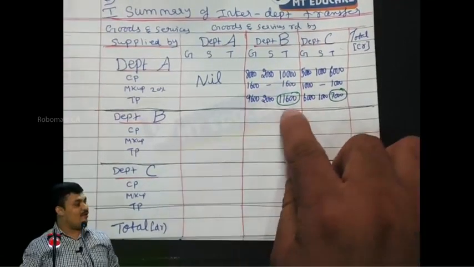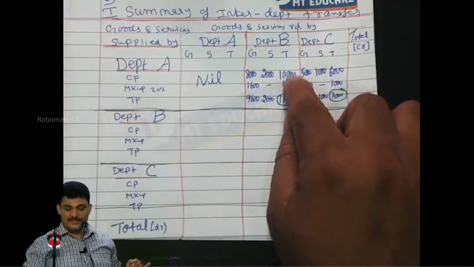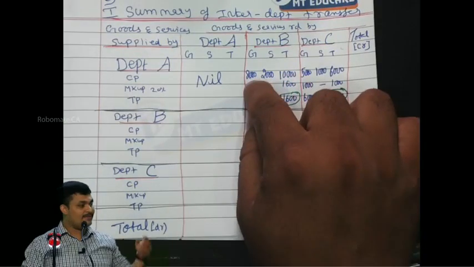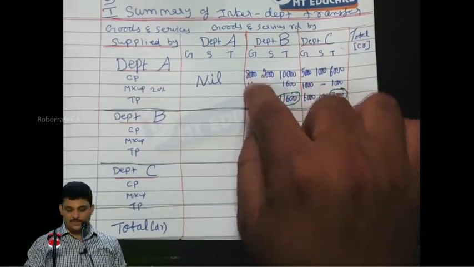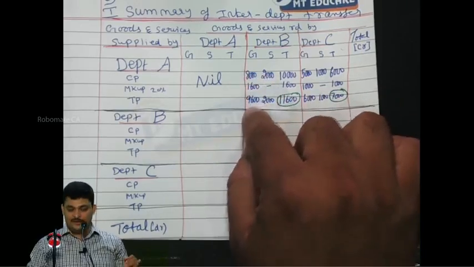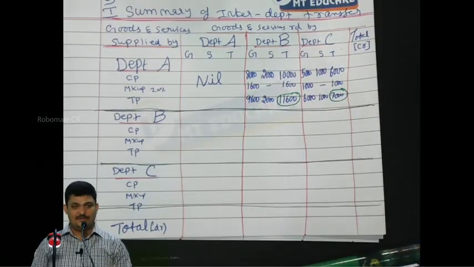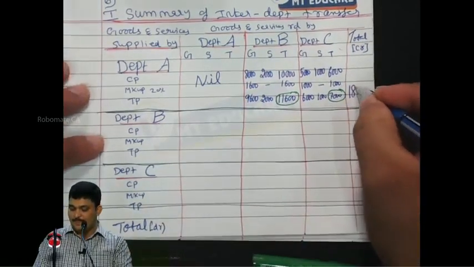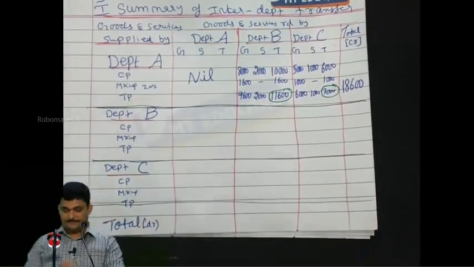A to B is 11,600. Once again, 10,000 is total including service, so separate the service. Balance is goods, that is representing cost. Margin is 20%, so 1,600. Total goods 9,600, total service 2,000, total transfer is 11,600. Similarly, we got 7,000. So it is 18,600.